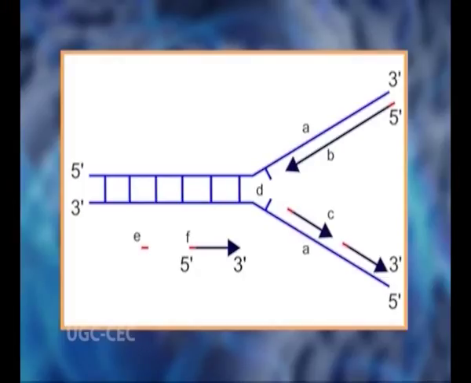DNA strands have a directionality, and the different ends of a single strand are called the 3' or 3 prime end and the 5' or 5 prime end. By convention, if the base sequence of a single strand of DNA is given, the left end of the sequence is the 5' end, while the right end of the sequence is the 3' end.